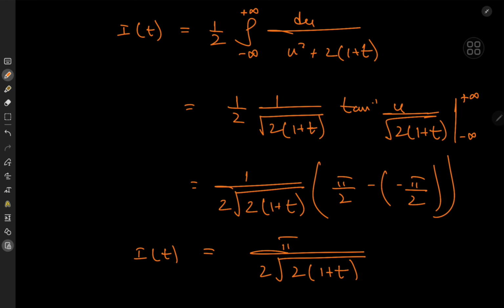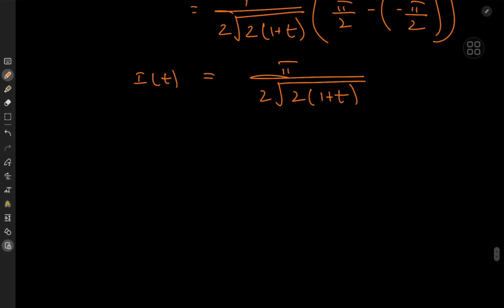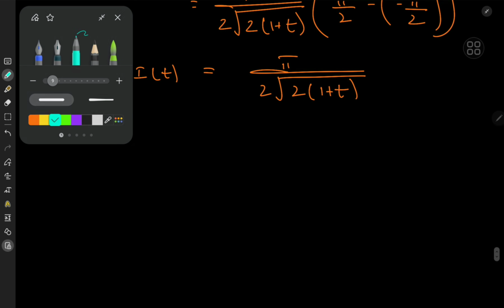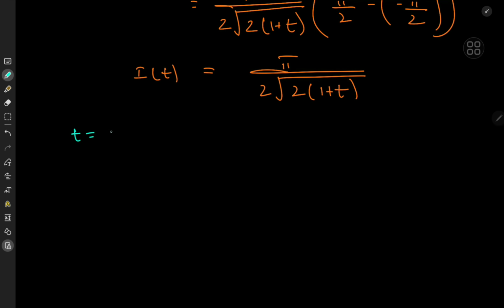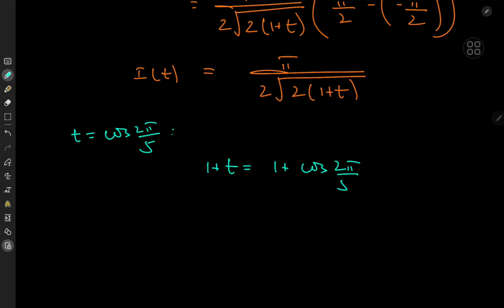But now recall that initially I had the parameter t set equal to cosine 2 pi over 5. And there's a nice reason for that, because for the case of t equal to cosine 2 pi over 5, we have 1 plus t equal to 1 plus cosine 2 pi over 5.